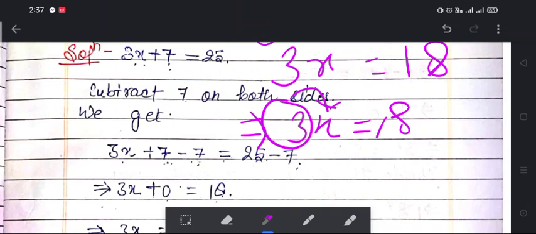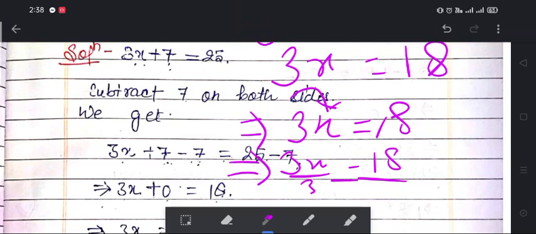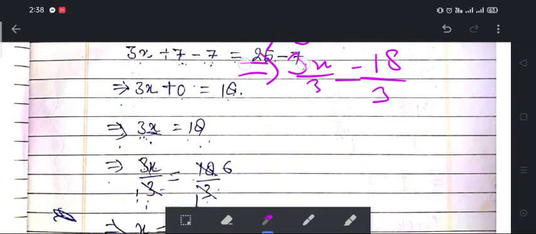Writing divide by 3 on both sides, we write 3x upon 3 is equal to 18 upon 3, and 3 and 3 cancel out, 3 ones are 3, 3 sixes are 18.